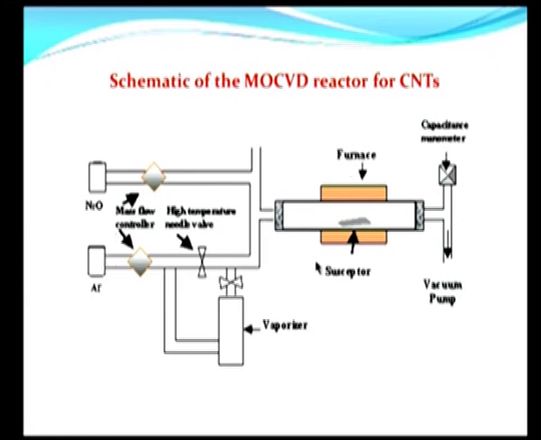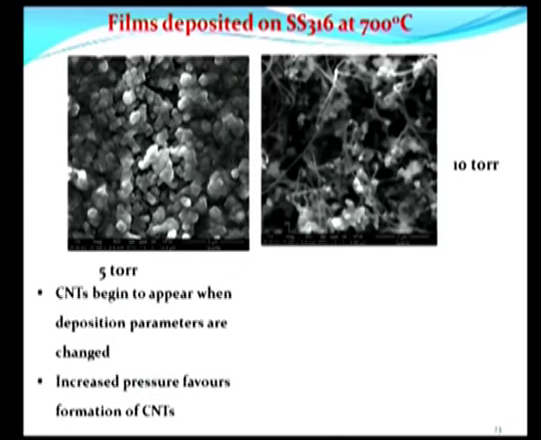So, when this is done in an inert ambient, that is argon and iron compound, nothing else, no oxygen and so forth, then it turns out that depending on the pressure at which this reaction is conducted, it is possible to obtain carbon nanotubes as shown in the right hand micrograph simultaneously with iron oxide. So, what you get is carbon nanotubes that are interspersed with iron oxide in a composite material.